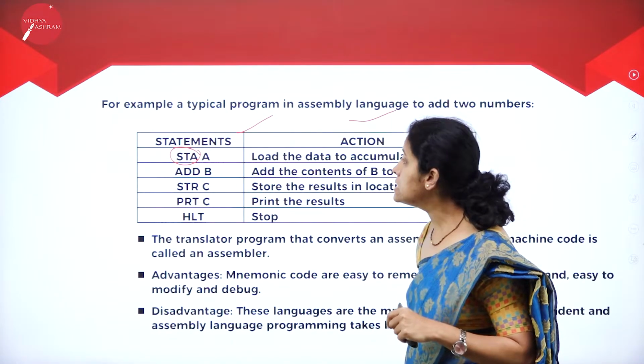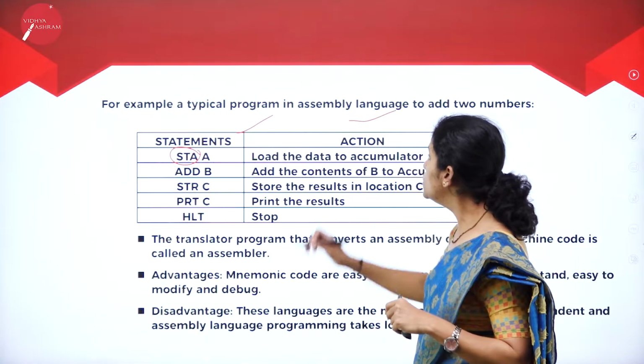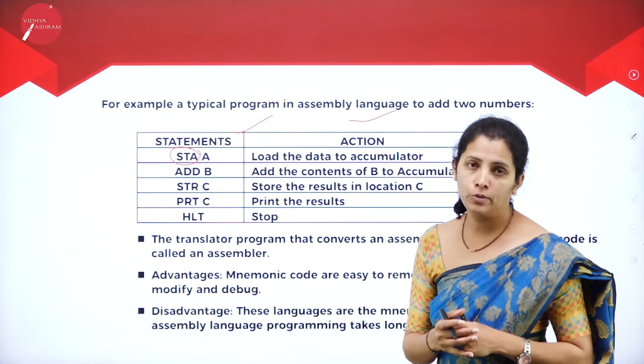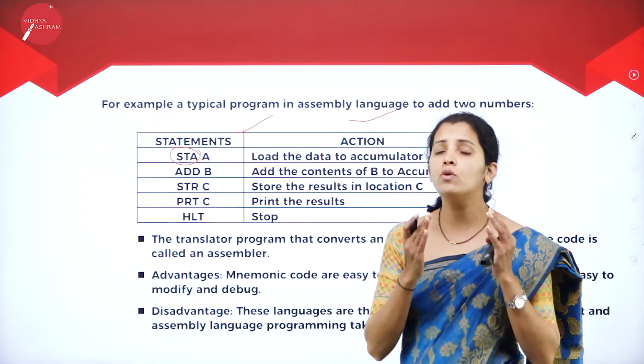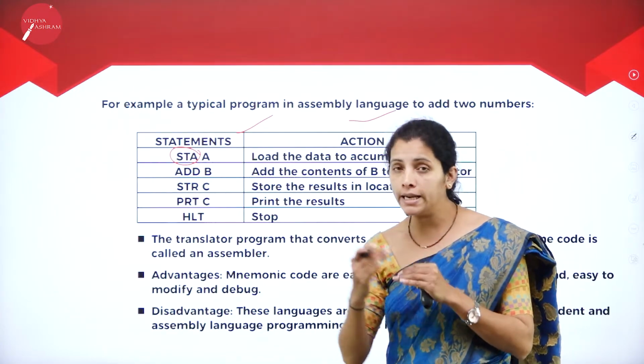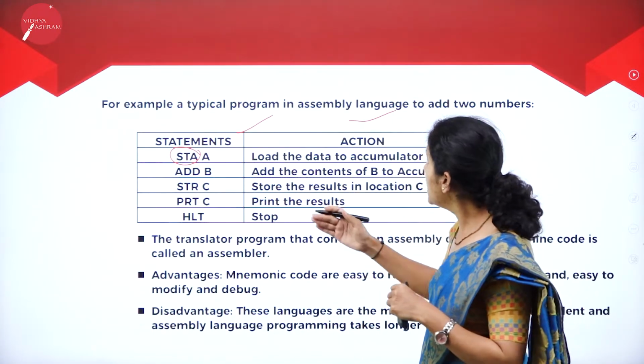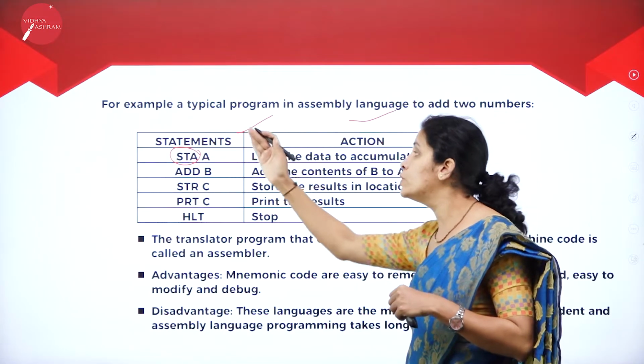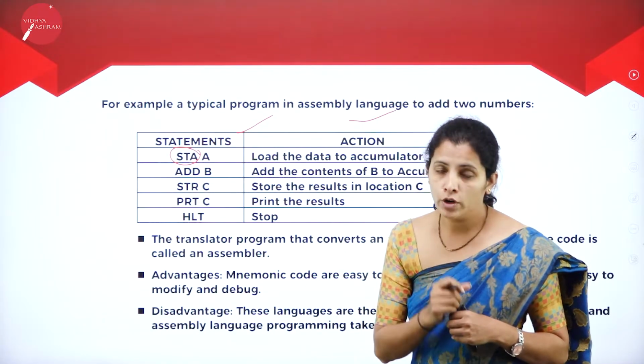So LDA, that means load the data to the accumulator. Suppose I want to load the data to the accumulator register in my assembly level language, I use the mnemonics.